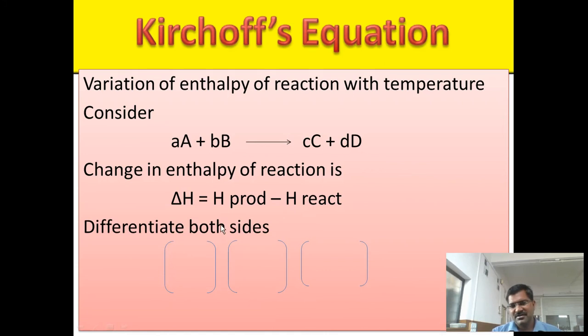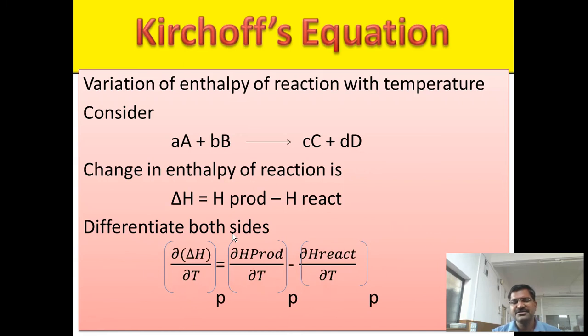Now, differentiate both sides of the equation with respect to the temperature dT, and we get this equation: dH of the products by dT minus dH of the reactants by dT, at constant pressure.